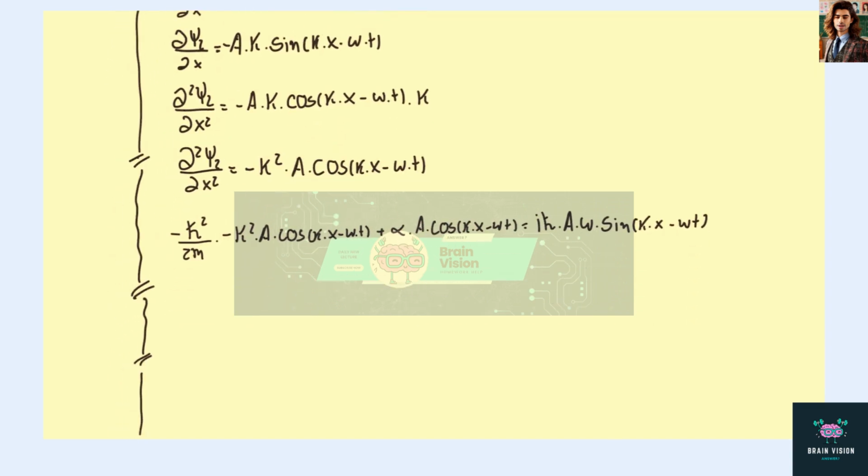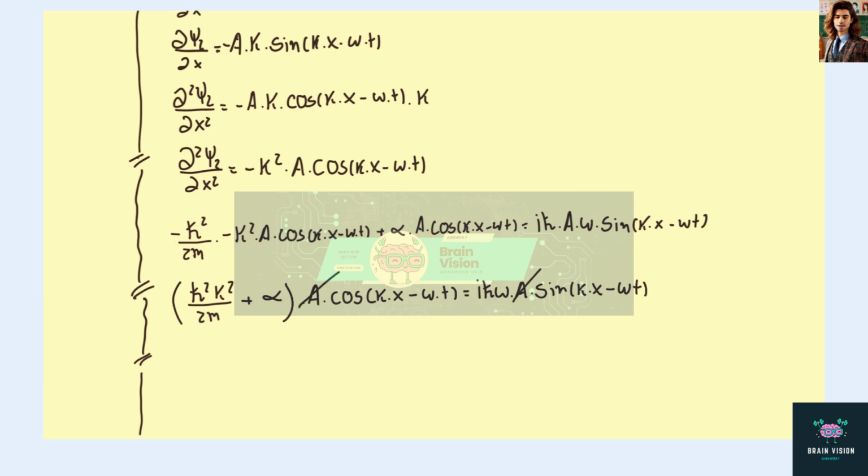Then we can work this equation a little to get the following. H bar squared times k squared divided by 2m. Note that this minus sign cancels out this minus sign, plus alpha times a times the cosine of k times x minus omega times t is equal to i h bar omega times a times the sine of k times x minus omega times t.